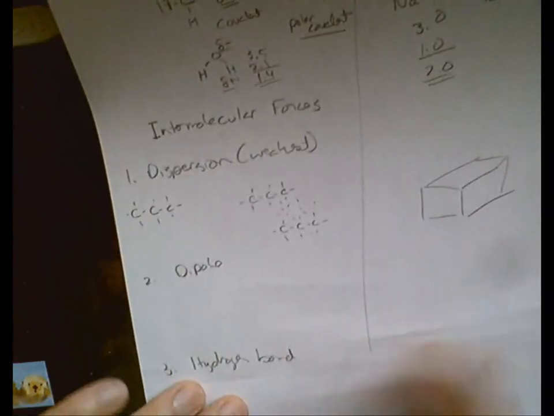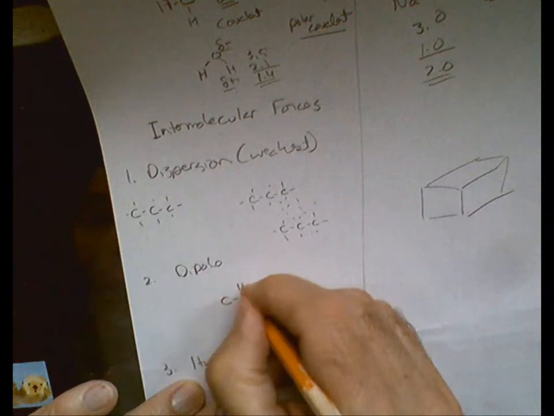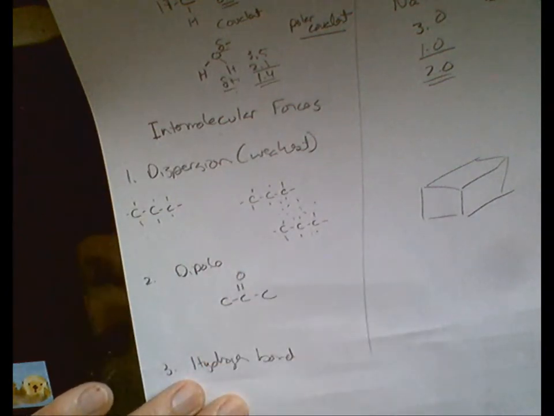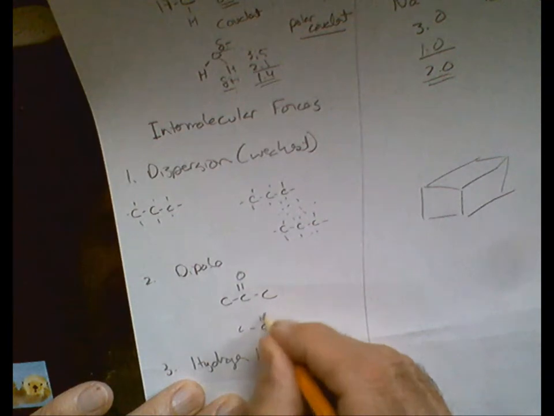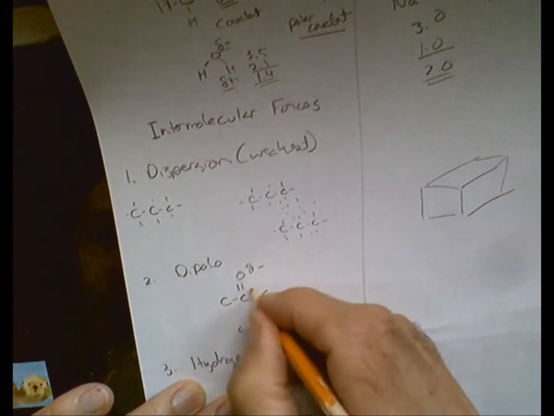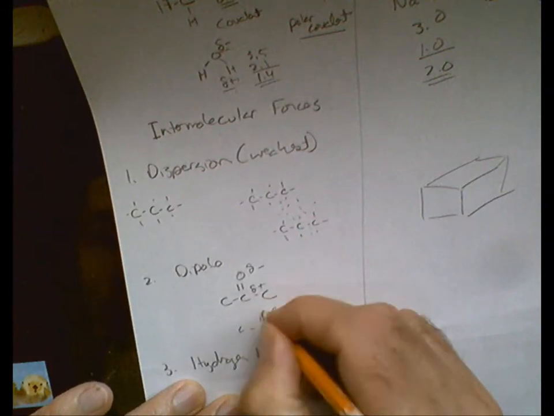very weak. If a molecule has something other than carbon and hydrogen on it, so let's say it's got an oxygen on it, we now have what's called a dipole, or dipole-dipole. So you're going to get negative areas of the molecule and positive, and they will attract each other.